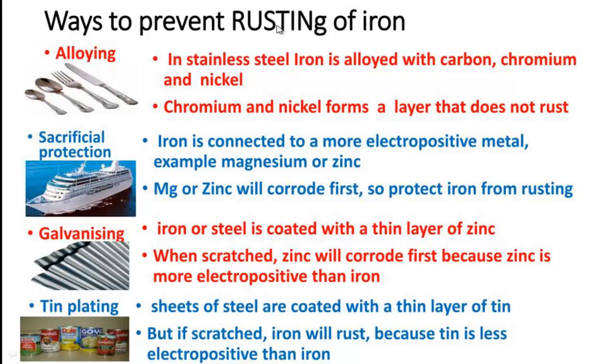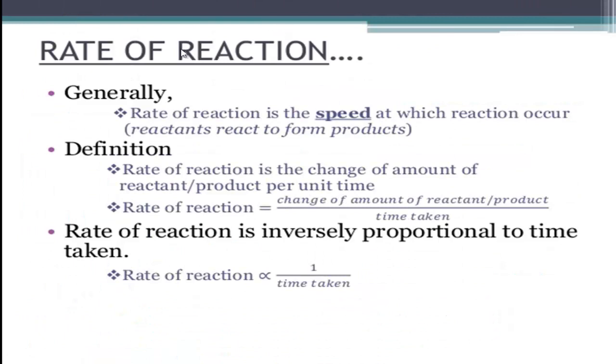Now we will learn about a different thing, and that is rate of reaction. Rate of reaction means the speed of reaction, or how reactants are converted into products in how little time. And how can I define rate of reaction?